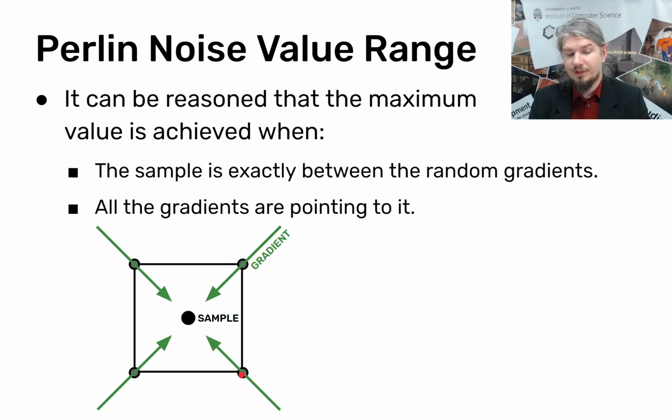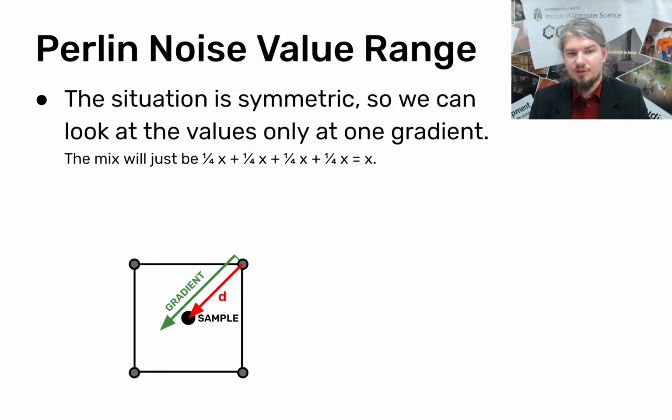Because the location vector itself is going to be 0, so the scalar projection also has the value 0. So it can only have the larger values inside this square. And the only case where it can achieve the maximum is when all the gradients are pointing towards it. So all of these gradients say that the values increase in these directions, thus the middle value will be the maximum. So let's look at what happens in this situation.